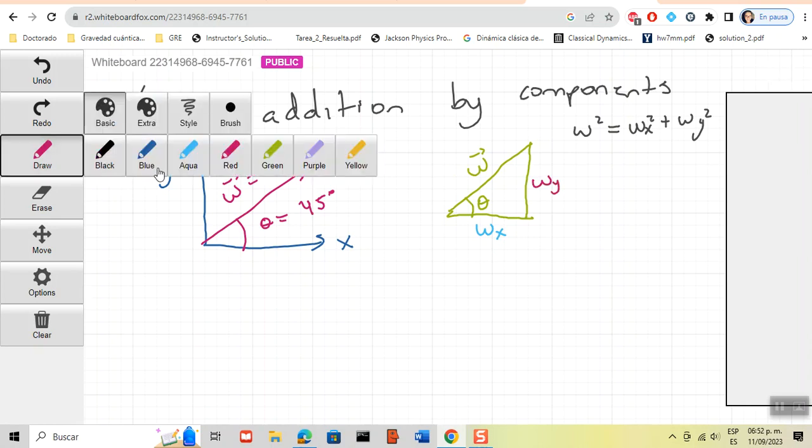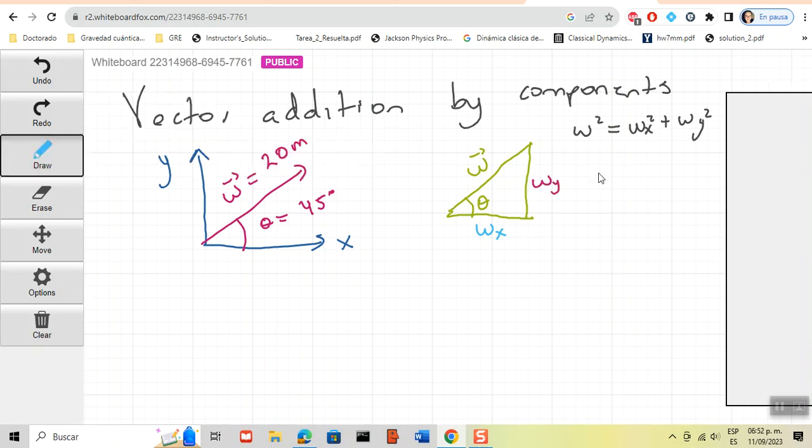So for Wx, right, we're gonna call this the adjacent side, or in Spanish, el cateto adyacente, right? Because it's right next to the angle. So the function that we usually use for the adjacent side is cosine, right?